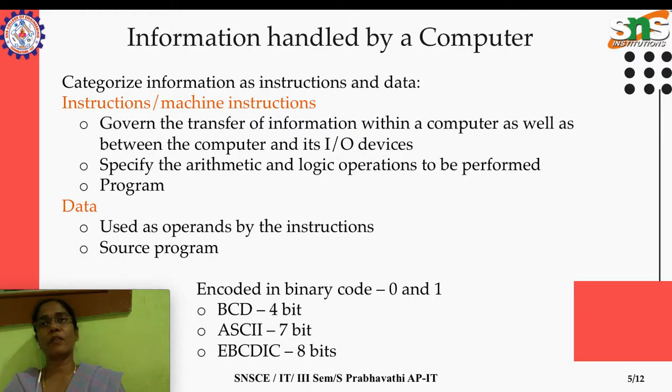For example, the compiler takes the entire source program and converts it into object code, is it not? In that situation, the entire source program acts as data. So broadly, information for a computer system is categorized into instruction and data.